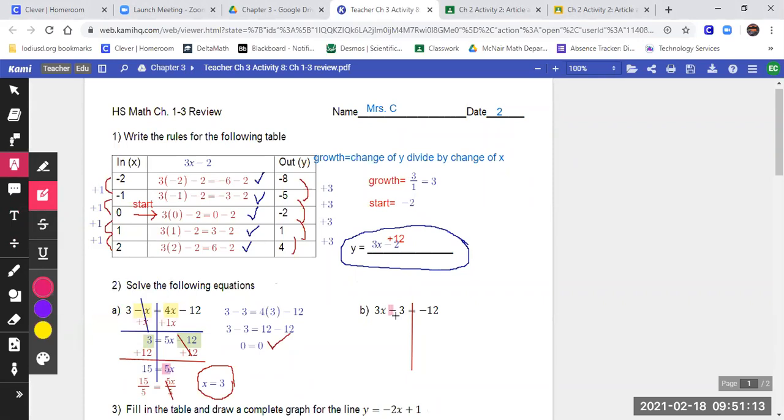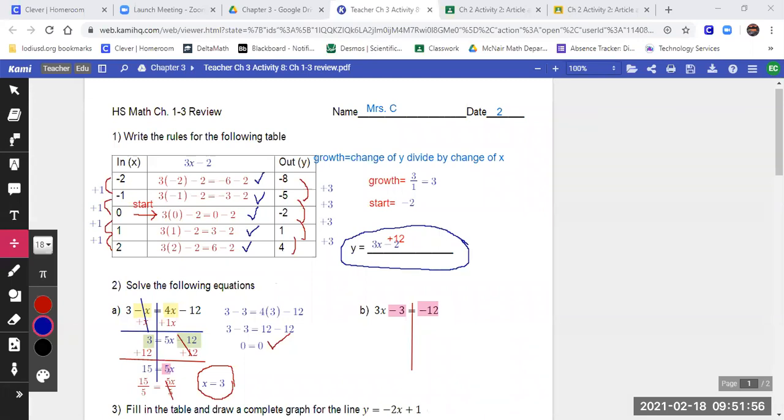I have a -3 that's with the X, and I have a -12 that's by itself. I need to make a big 0 to clean up the side that has the X. So which piece needs to be cleaned up?